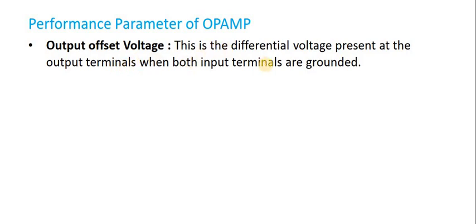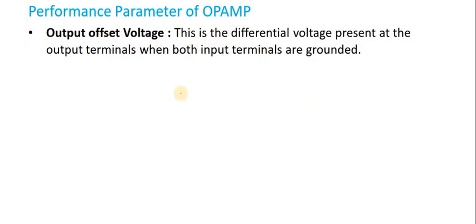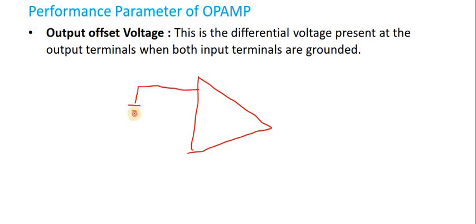Next, output offset voltage. So what is that output offset voltage in the case of an OPAMP? Now suppose the OPAMP has two terminals, and I am connecting both terminals, inverting as well as non-inverting, to ground. It means I have given zero input signal at both the inverting and non-inverting terminals, but still I am getting some output.